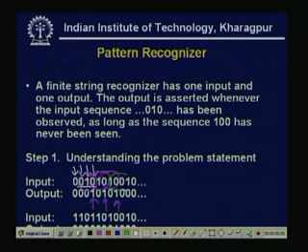So, this is a 1 0 0, that means terminating, the condition is not valid. So now 1 0 1 0 has come, but the output is 0. So, this is the problem statement written.